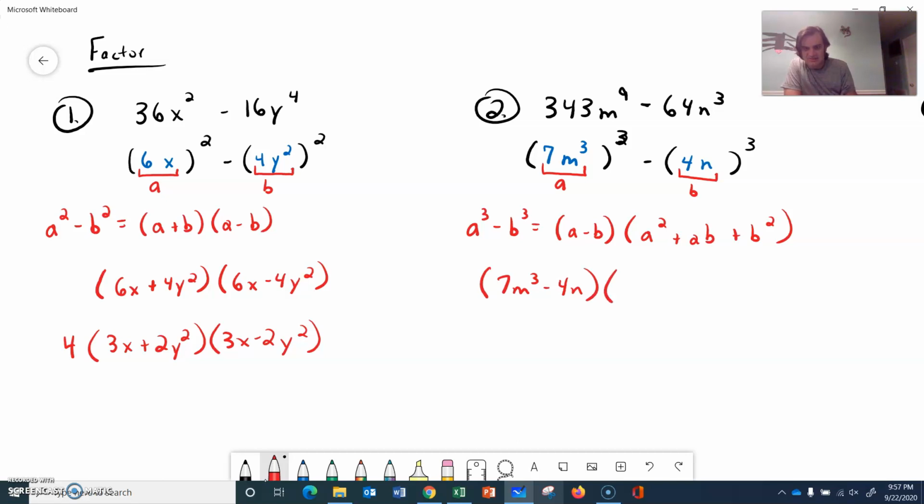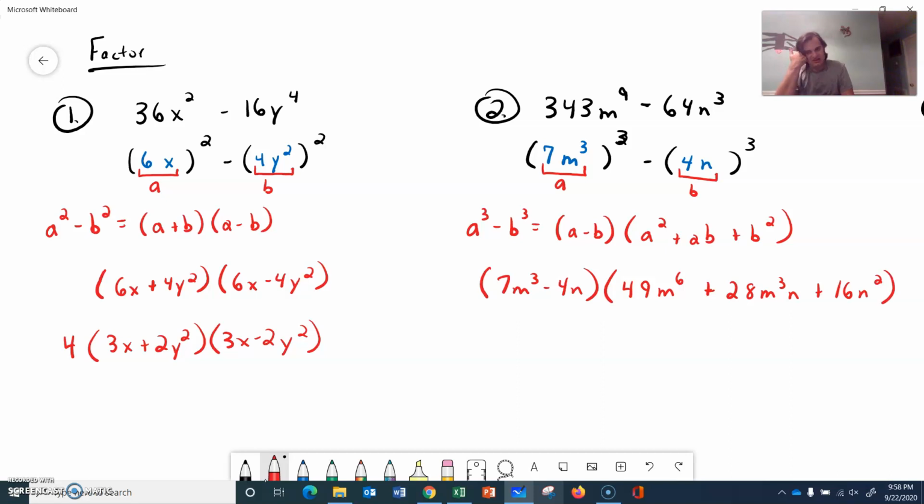And then a squared, so 7m cubed squared would be the square of 7, which is 49, and m cubed squared would be m to the 6th. A times b, so that's 7m cubed times 4n, so that'll be plus 28m cubed n. And then b squared, b is 4n, so that'll be plus 16n squared.